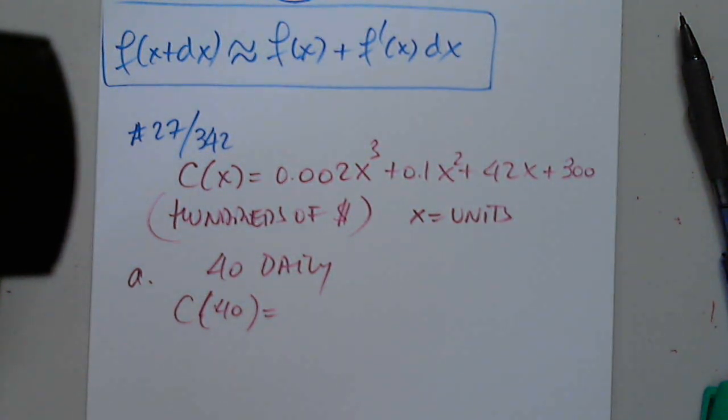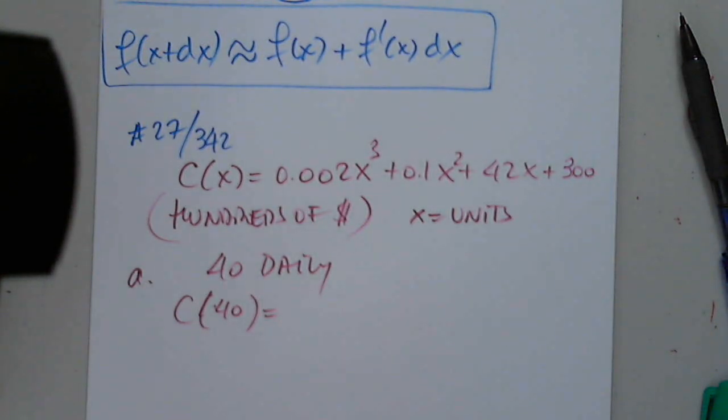Very good. I'm going to share my screen. In y equals, we have 0.002 x to the third, and then plus 0.1 x squared, and then plus 42x, and then plus 300.